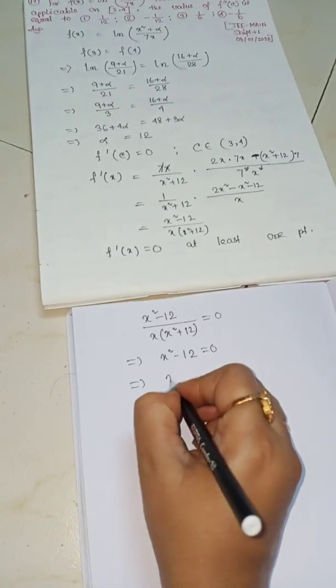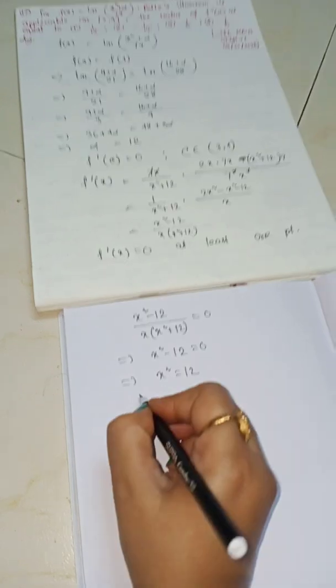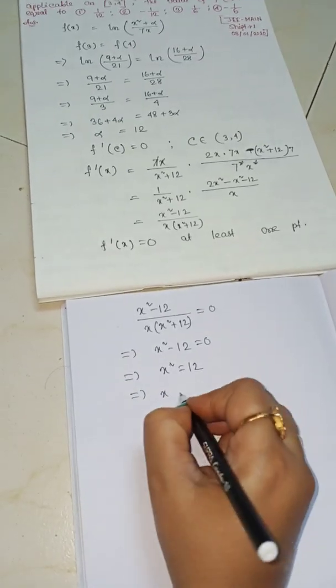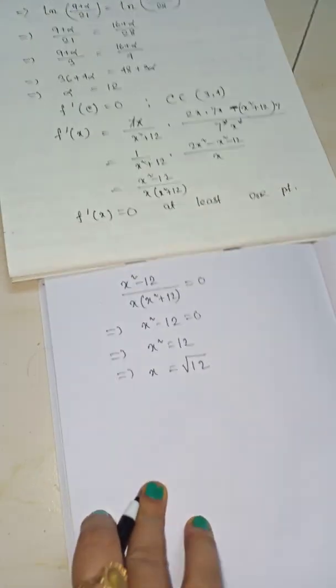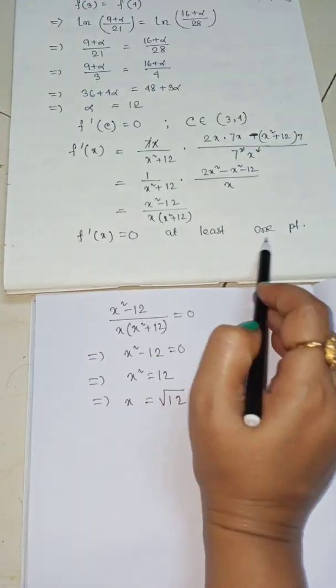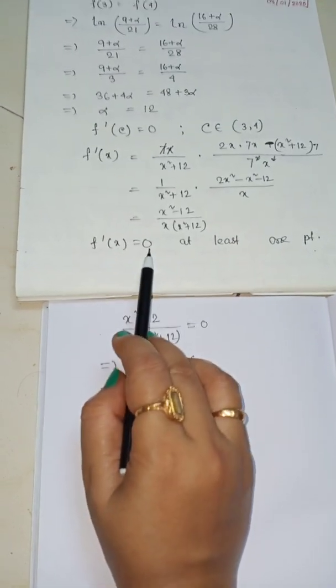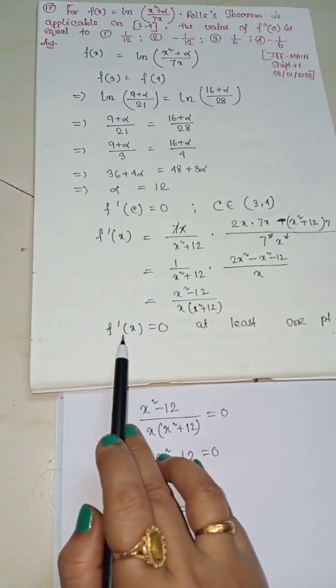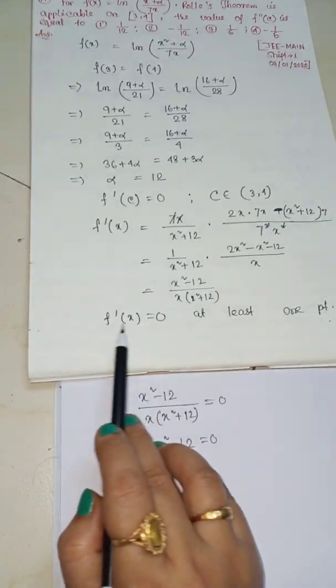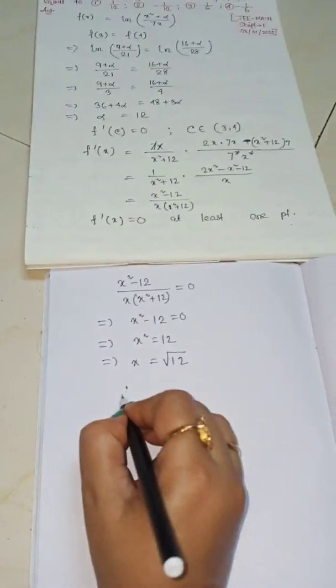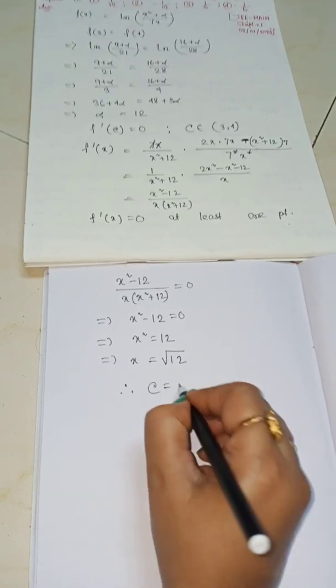That implies x² − 12 = 0, that implies x² = 12, so x = √12. Here at this point f'(x) is equal to 0. Therefore we may say f'(c) = 0, and the point is c, so c = √12.